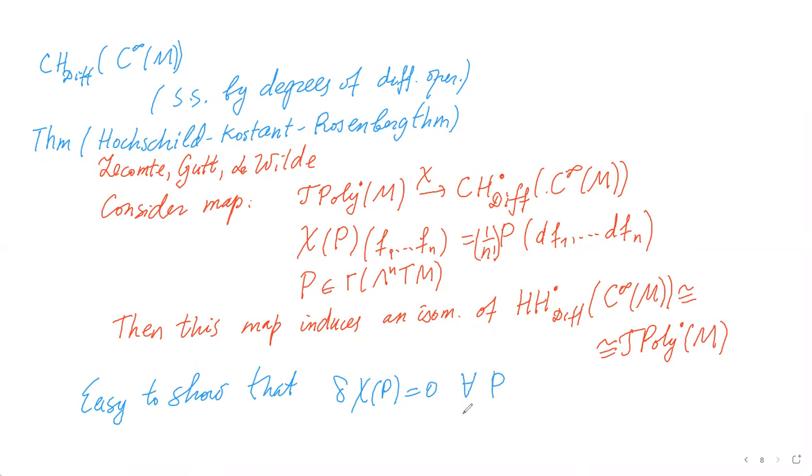What is not easy to see is that the image of this map, which is usually called the Hochschild-Kostant-Rosenberg map, spans the whole cohomology. That's not something you can see easily. For this, you really need to do some work. But that's not the most interesting thing about this theorem.